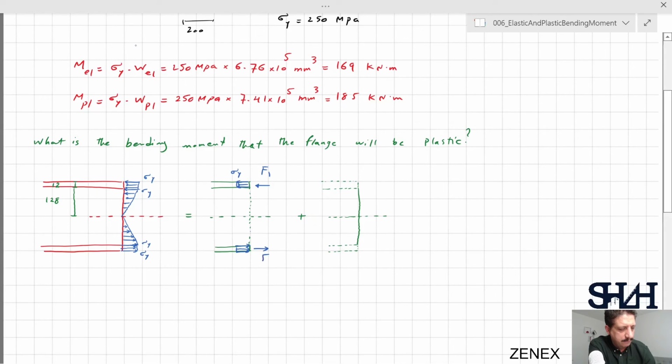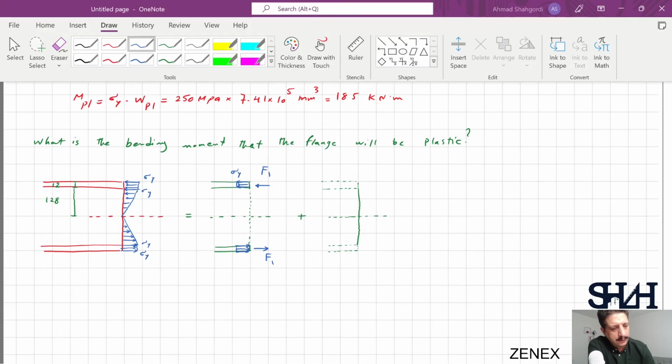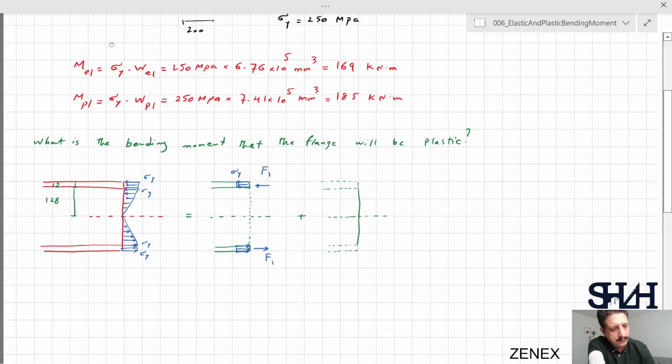And here we have F2. Here also we have F1. And as far as its rectangle distribution, it will be in the center of the distribution. So it will be 128 plus 6, 134 millimeter.